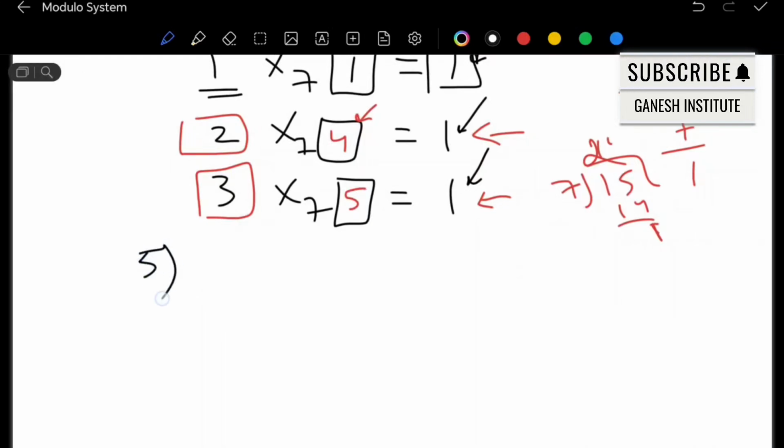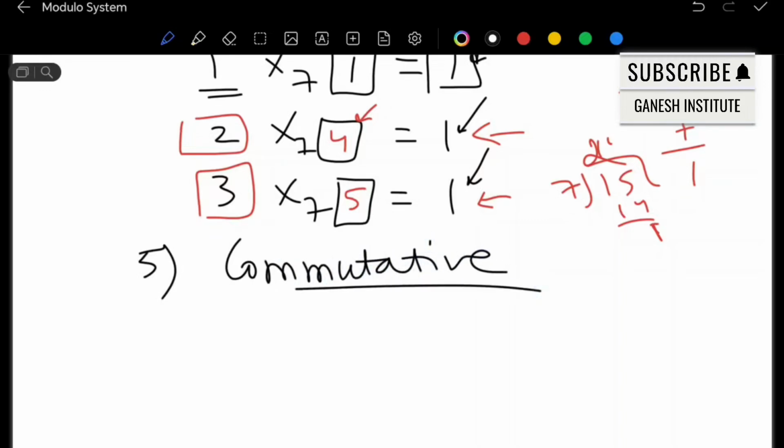Now the last property, which is commutative. Remember, as a throwback, we were supposed to show in this question that this given group of elements 1, 2, 3, 4, 5, 6 is an abelian group under operation modulo 7.